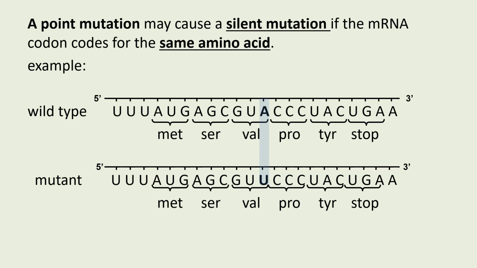If we focus at the third codon that we've changed from GUA to GUU, both of these codons tell the ribosome to add a valine amino acid at this position. Thus, this point mutation is what we call a silent mutation, because the mutation didn't affect the amino acid sequence at all. Again, how do we know that this is a mutation? We would have to look at the DNA.